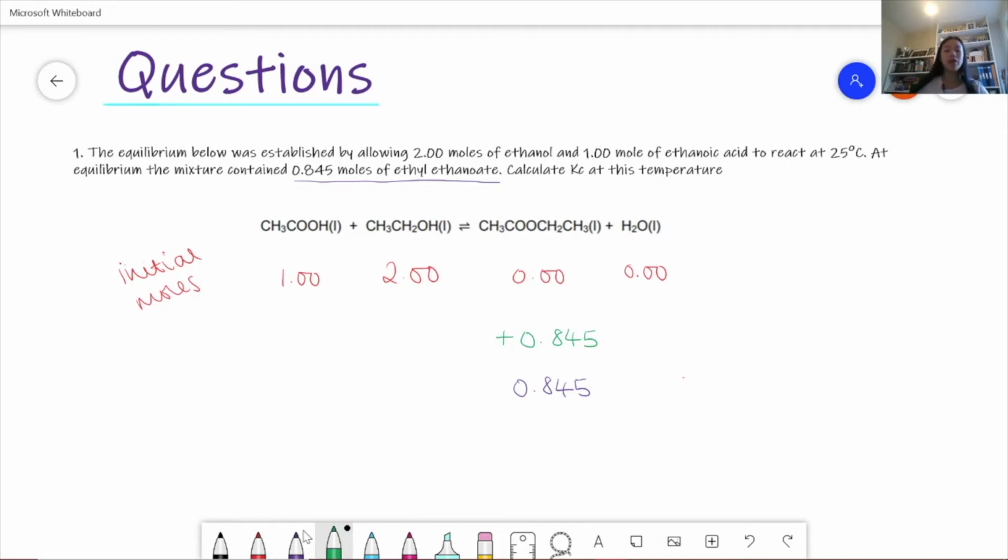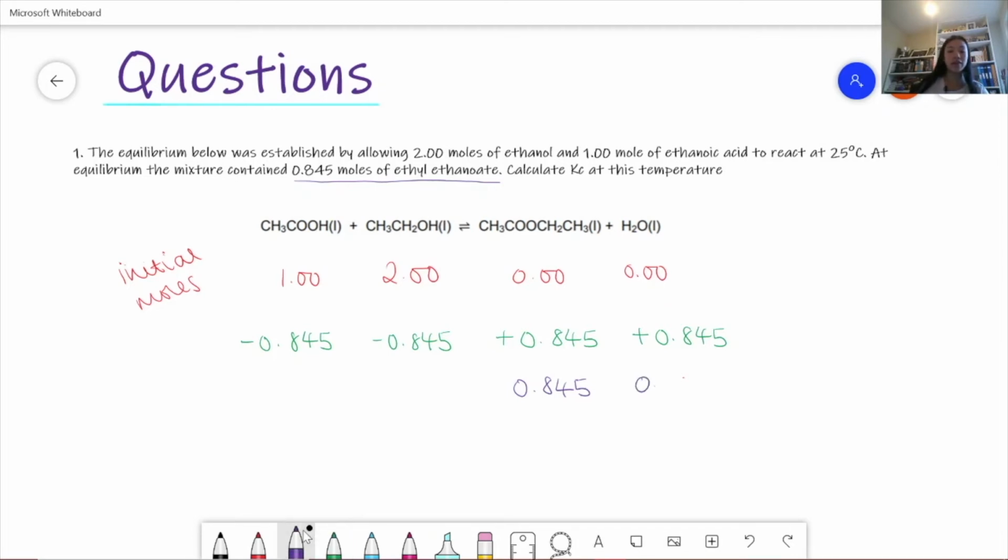So the products all gain 0.845 moles, and all the reactants lose 0.845 moles. So again, a really important thing to remember is that if the reactants lose moles, then the products gain moles, and vice versa. So it's always the opposite.